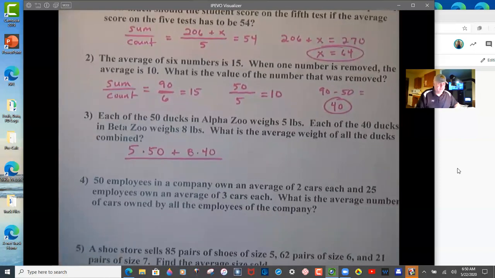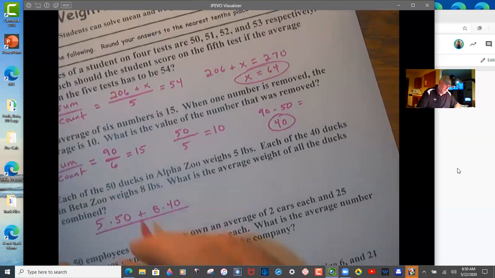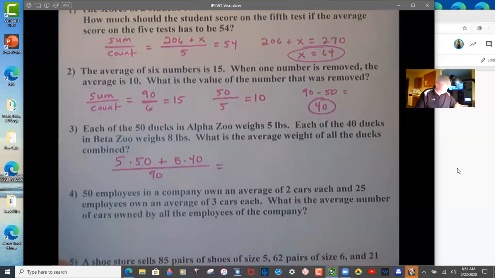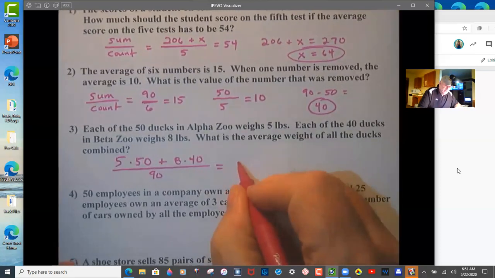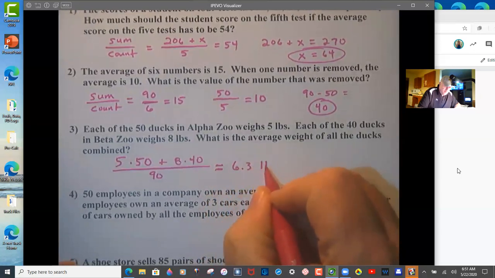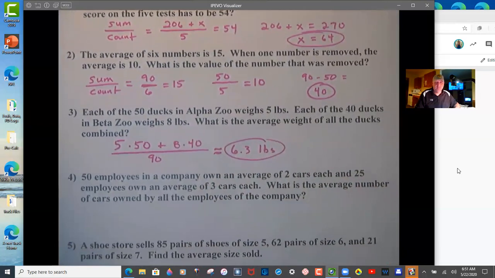Or I should just say, instead of considering a weight, the frequency. So 5 pounds happens 50 times, and 8 pounds happens 40 times over the sum of the frequencies, which is 90. And that, take it to the nearest 10th place, gives you 6.3.